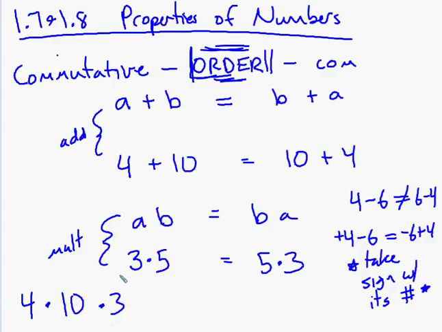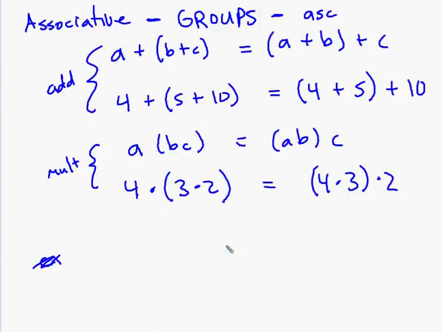If I wanted to do this really fast, I would actually do the 4 times 3 first, get 12, and then 12 times 10 is 120. Then I can do it in my head really quick. You might have seen, well, it doesn't make a difference, 40 times 3, and you can still do that in your head. But the point is, change the order of your things and it will be easier. Okay, so that's associative, commutative.